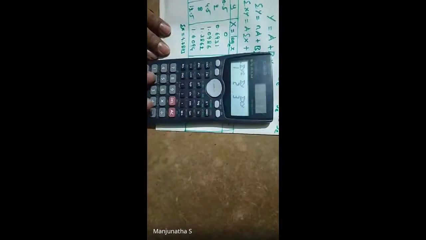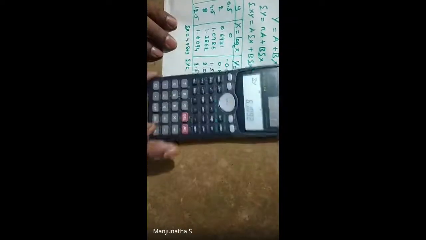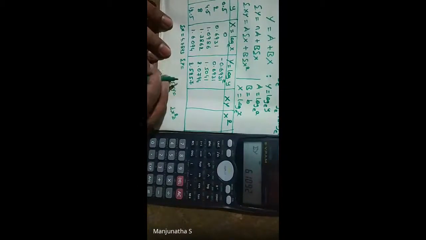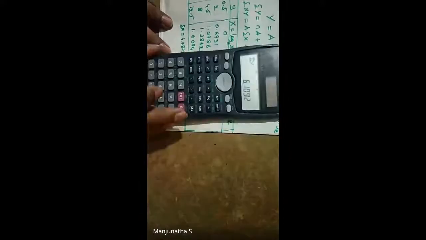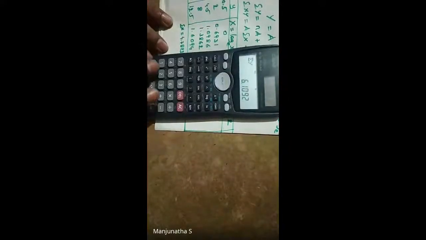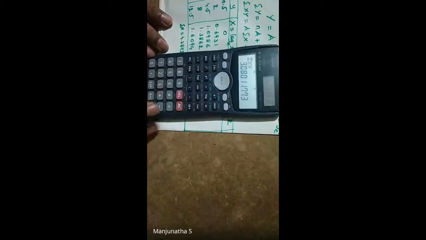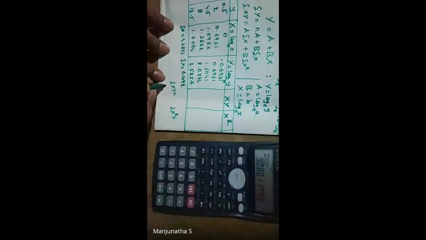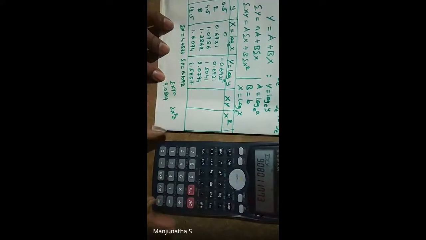When you press the forward button, it will show you. So when you press equals after pressing 2, it will give 6.1096. Next one, I need xy. So here we have 3, 9.08001.